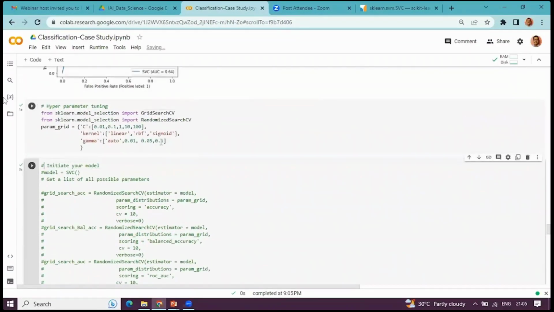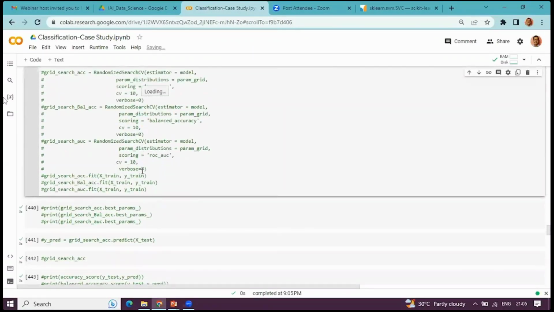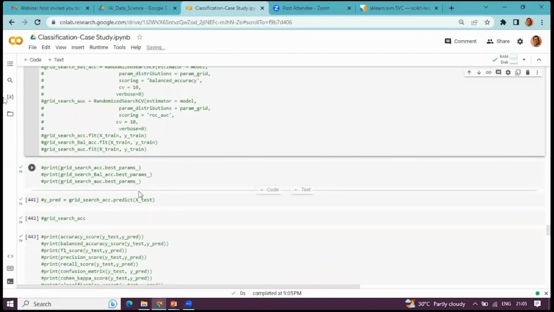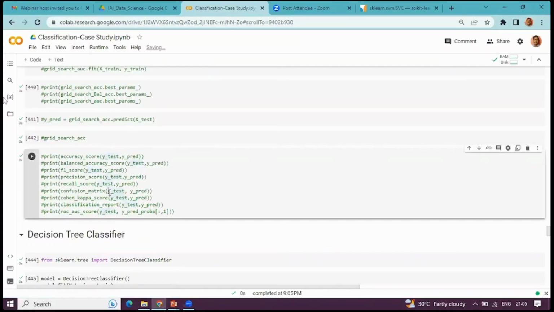And out of them, whichever performs better in terms of accuracy, or balanced accuracy, or area under the ROC curve, it identifies that, and that will give me the best possible model, and then you use that model to test on your testing data. So that is how a typical support vector machine works, right?